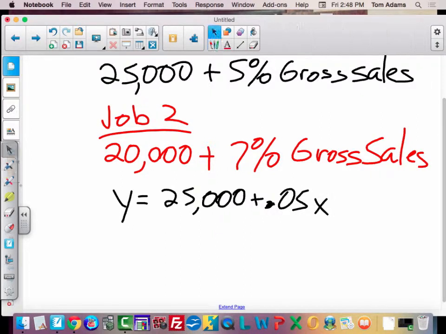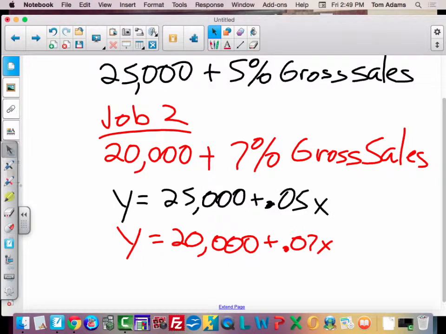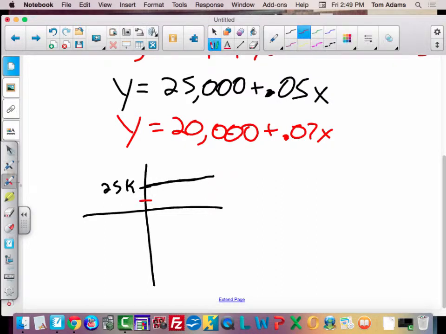And the second job, y equals 20,000 plus 0.07 times x. One of them has a steeper incline, thinking in terms of y equals mx plus b. This one would be at 25k with a very slow increase. Over here, we'd start at 20k, but the increase would be a little steeper.